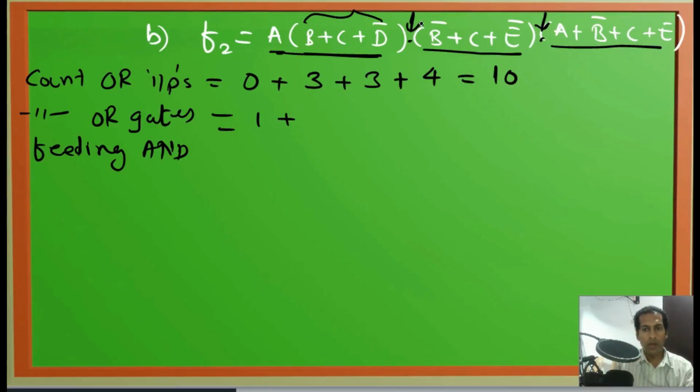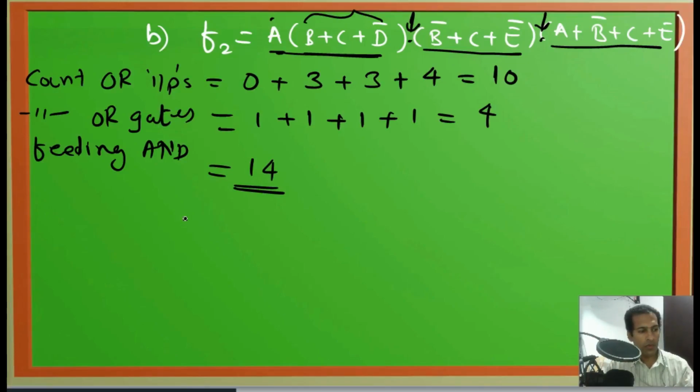For the next one we require one more OR gate. Then here also we require 1 OR gate, and for this also 1 OR gate. So that will be 4. The total count is 10 plus 4, 14.